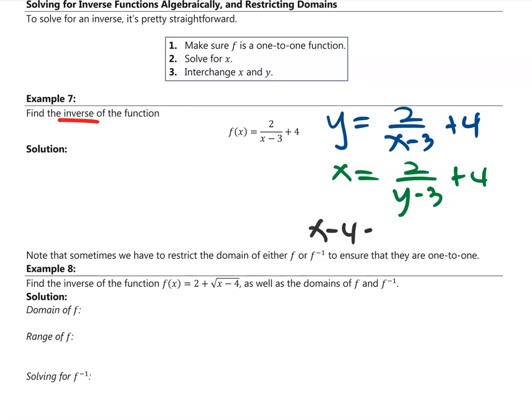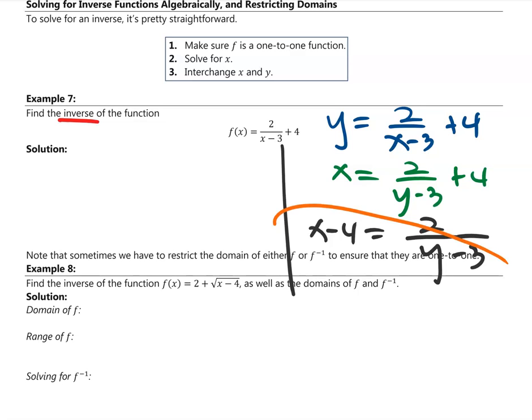So x minus 4 is equal to 2 over y minus 3. You can cross multiply this. So let's do that. x minus 4 times y minus 3 is equal to 2.